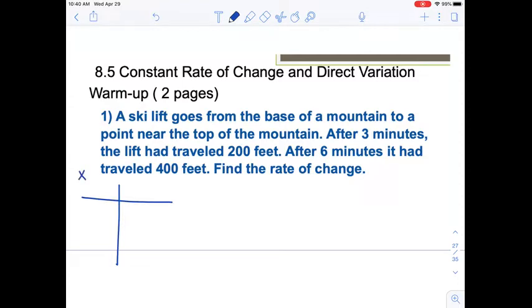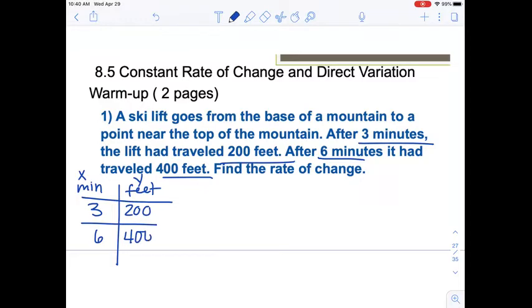So I'm just going to quickly make myself a little table where we have X as the minutes and Y as the feet. So we know that after 3 minutes, it's 200 feet. And after 6 minutes, it's 400 feet.